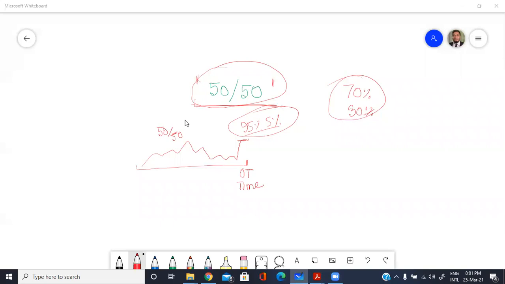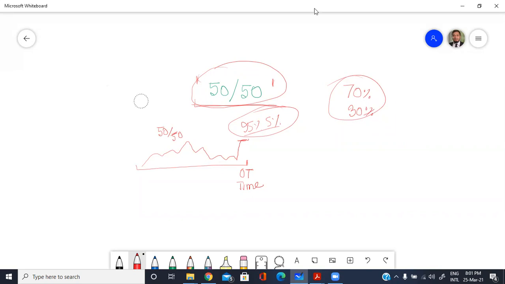Does the doctor change their opinion after having new information before the OT time? They change their mind from 50-50 to 95-5 or 70-30, or they tend to remain at 50-50. So they tend to remain 50-50.